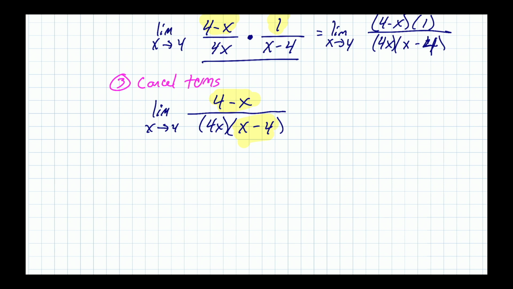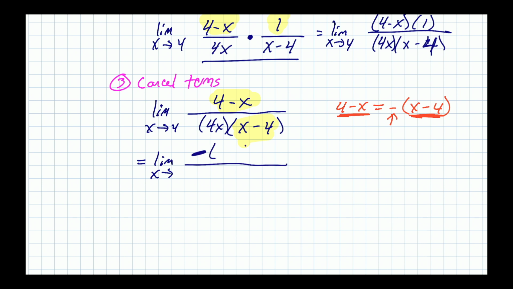But here's what I'm saying. 4 minus x equals minus x minus 4. So you can take this, reverse the order, and then add a minus sign, and they're the same thing. Okay? So if you do that here, we can make the top and the bottom match. You just have to take out a minus, and then instead of 4 minus x, it's x minus 4.